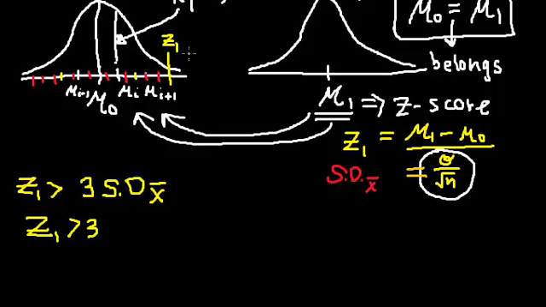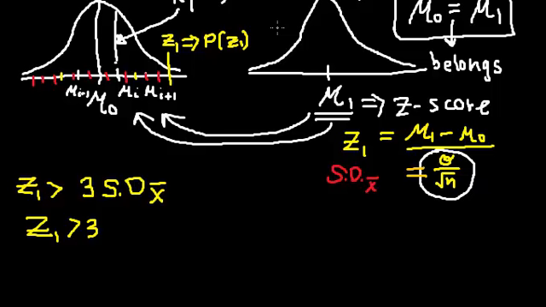And for us to understand what z1 represents in this distribution, we need to obtain its probability. What is the probability of z1 happening? As I said before, a way to know if mu1 belongs in this distribution is to find out what is the probability of z1 happening.